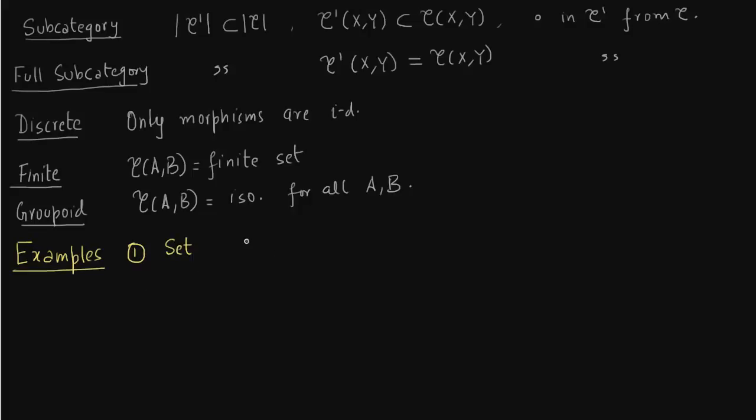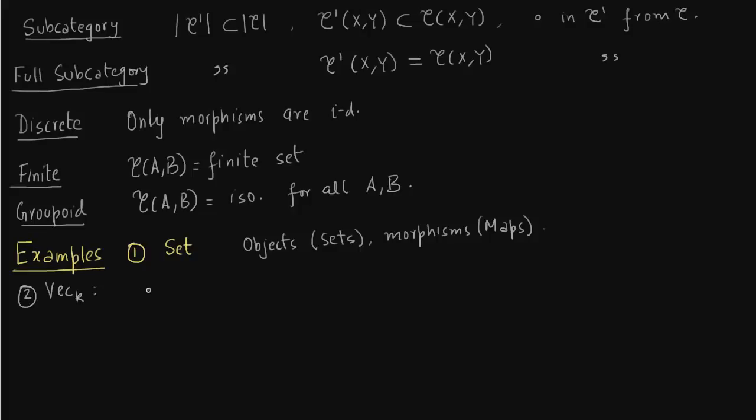Russell's paradox shows that there is no set of all sets, and that is why we talked about the class of objects rather than the set of objects in the definition. So notice that in the definition I talked about class, not sets, for objects, because there is no set of all sets. So we want to avoid Russell's paradox.